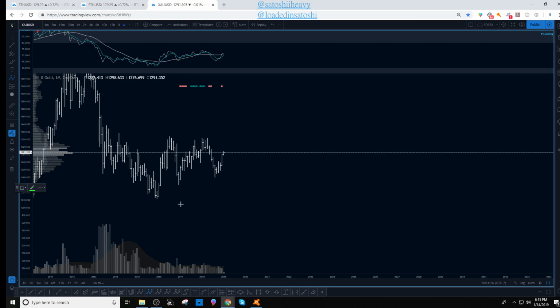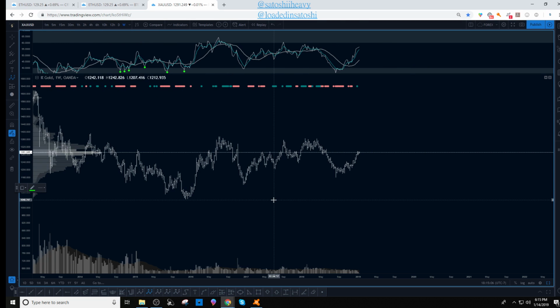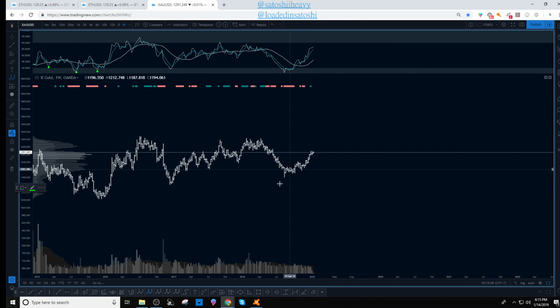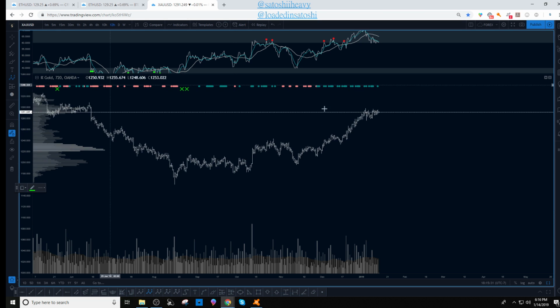Let's go to, yeah, it does look like a pennant. I'm not gonna lie, this looks like a mother effing pennant.